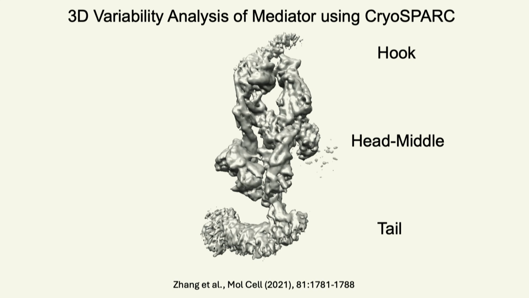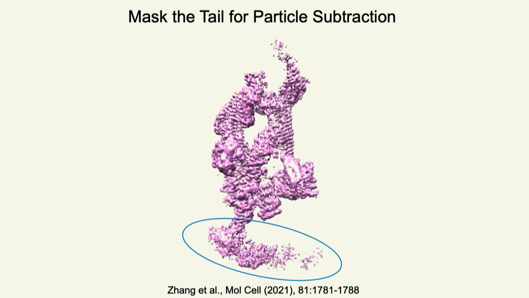In order to solve this Mediator tail structure, first we made a mask around the tail on the bottom, and then did particle subtraction. So basically we removed all the signals except the tail, and then had a new data set.